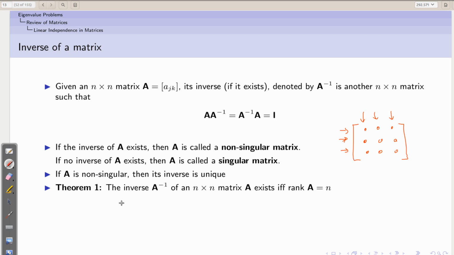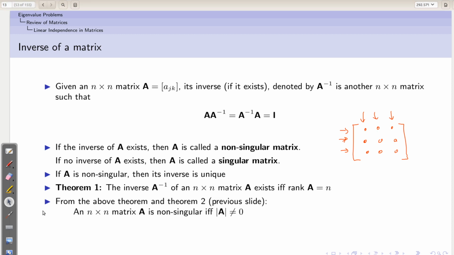So the first theorem says the inverse of an n cross n matrix exists if and only if the rank is equal to n. For a 3 cross 3 matrix, if its rank is also equal to 3, then the inverse of that matrix exists.